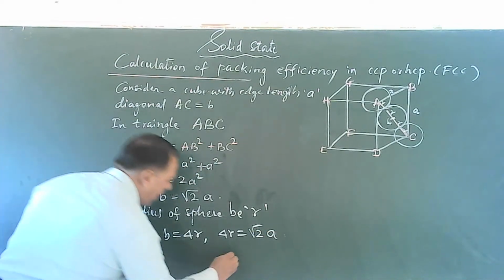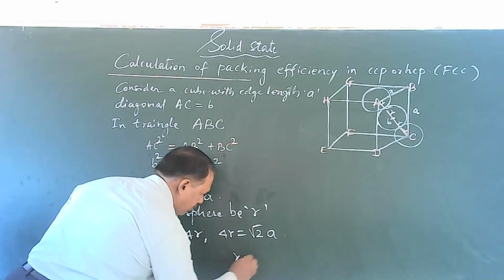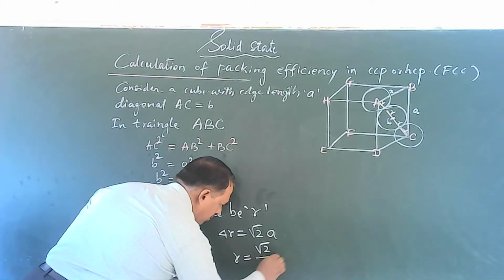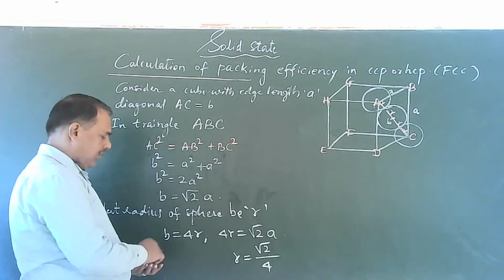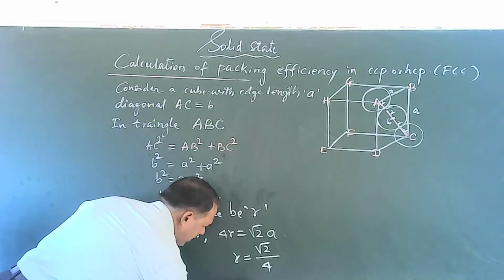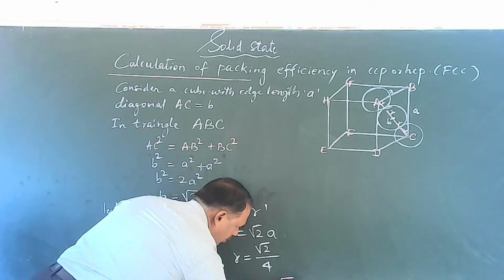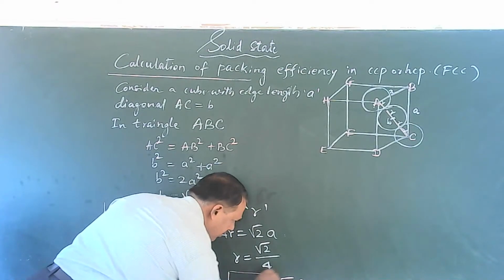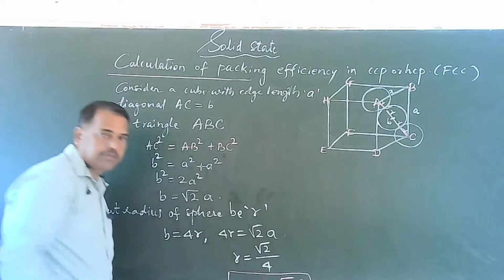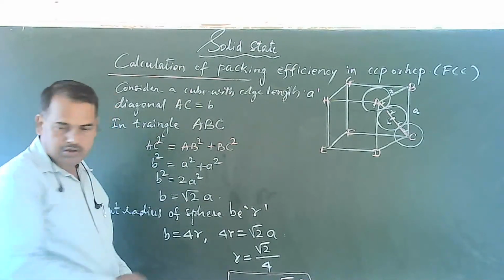Are you clear? Then R is equal to root 2 A by 4. What about A? We will get A is equal to 2 into root 2 R. So this is very important. Are you clear?